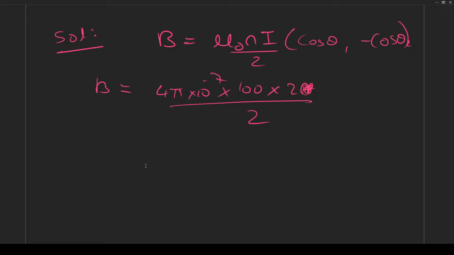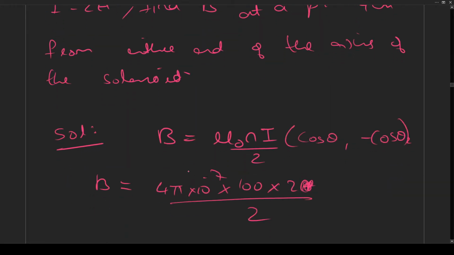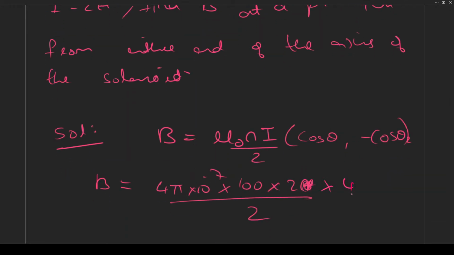This cos theta 2, I believe we got from adjacent by hypotenuse. We will get it as 4 by 5.